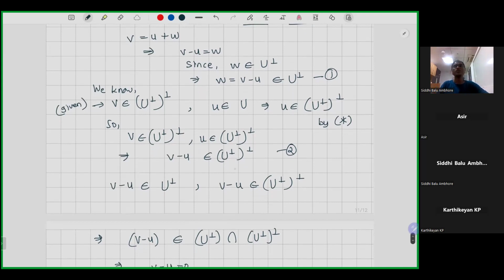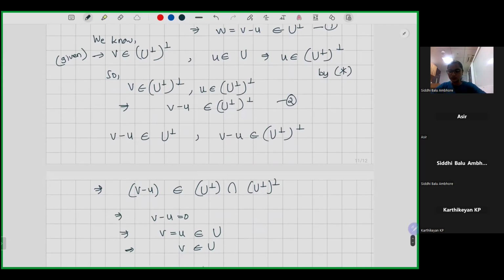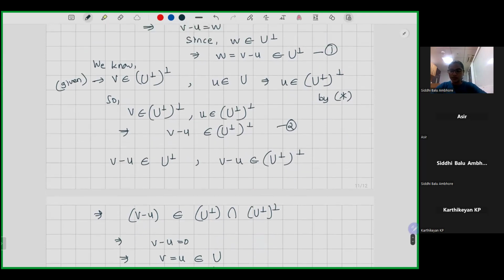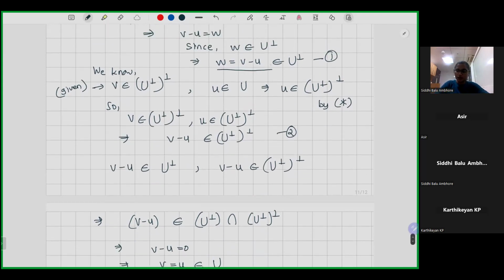Then their subtraction will be in U perp because U perp is a subspace. And from here, this W, we got that it is in W perp. And from here, we got that it is in W perp. These two steps.